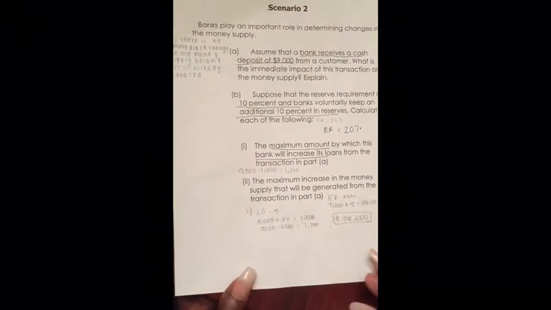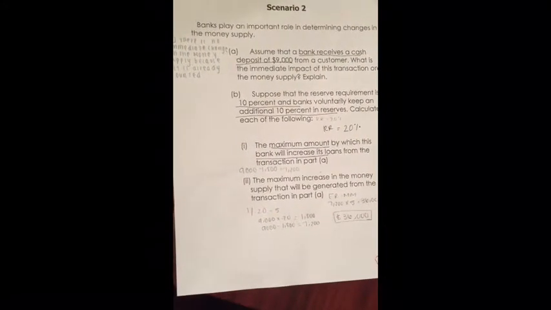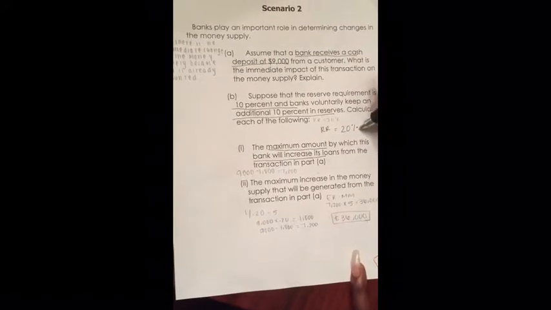In order to find the ER, you are going to take the required reserve, which is 20%, and you are going to move the decimal up to the front, and you're going to multiply it by 9,000, which is the DD, the demand deposit. And if you multiply this in the calculator, you will get 1,800.